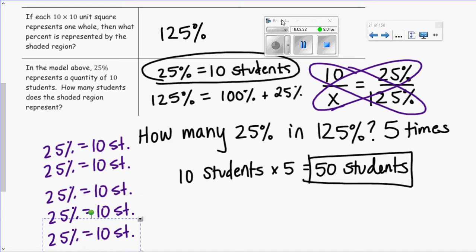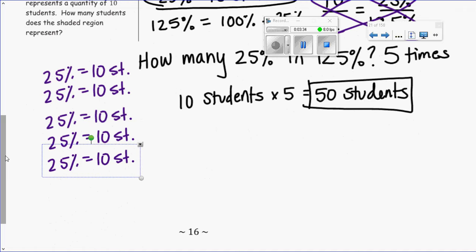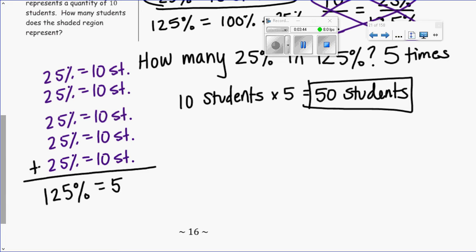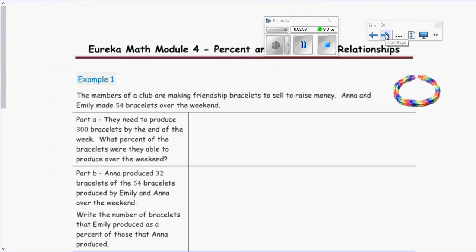So if you think of it, really what we're doing is we're adding up all these 25%, which is 125%, and then 10, 20, 30, 40, 50 students. Okay, hopefully that one, if the other proportions and explanation didn't make sense, hopefully this is a good visual for you.